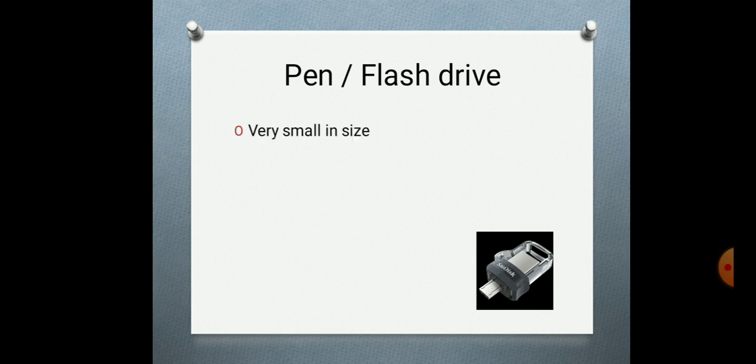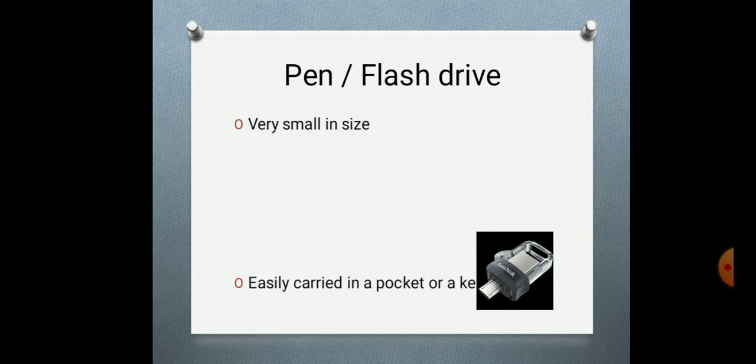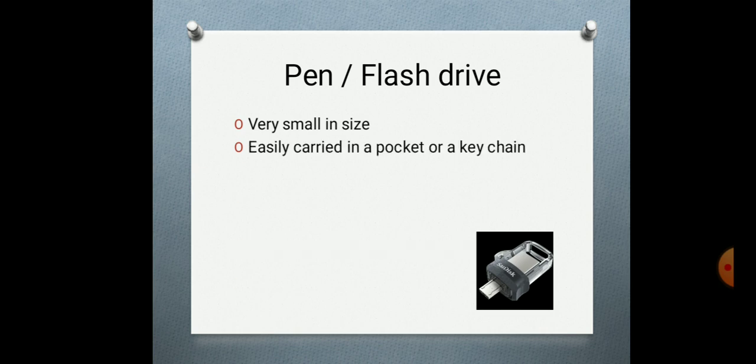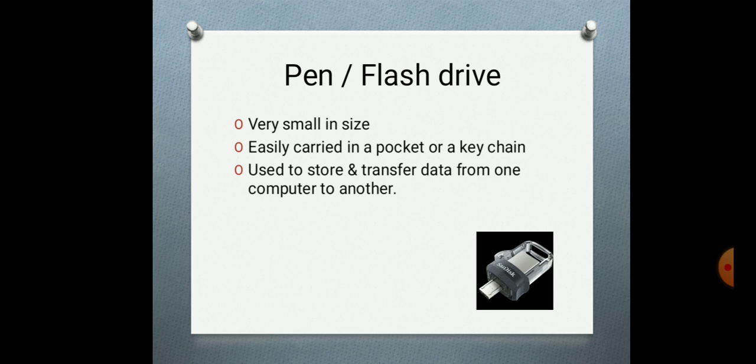It is very small in size and can be easily carried in a pocket, a keychain, or a purse, everywhere. It can be used to store and transfer data from one computer to another.